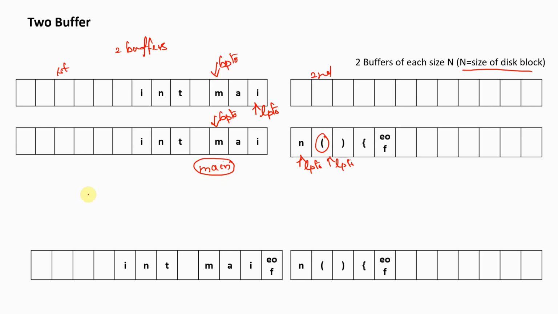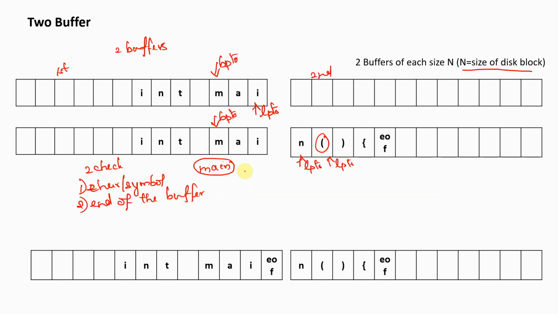Now there is a problem: the look ahead pointer has to do two checks. For every character, it has to check whether it is a character, a symbol or an empty space, and also whether it is the end of the buffer.